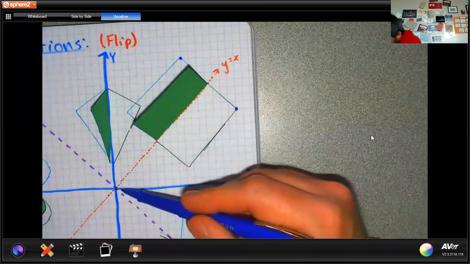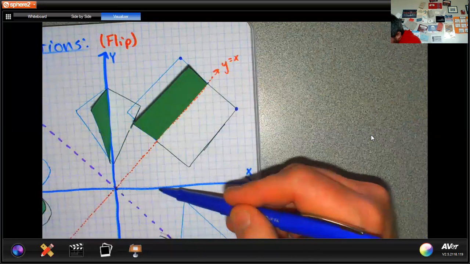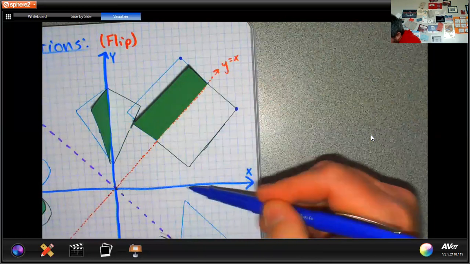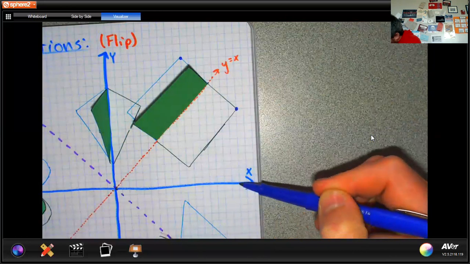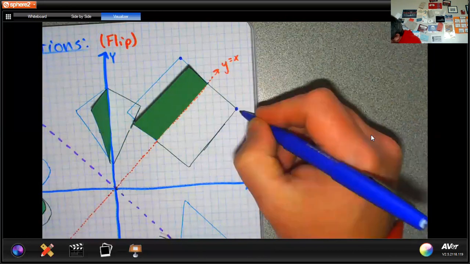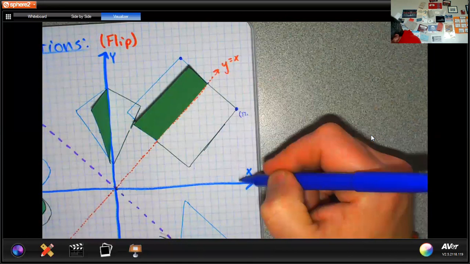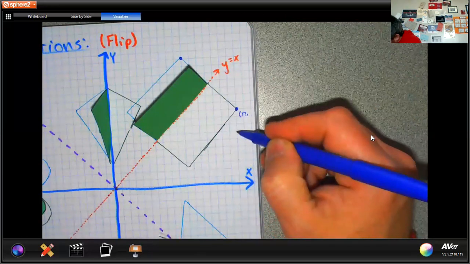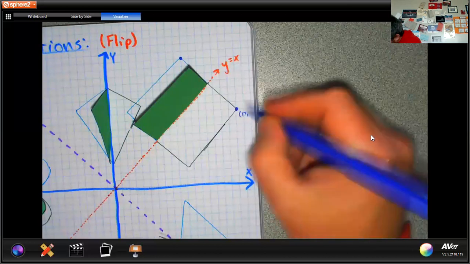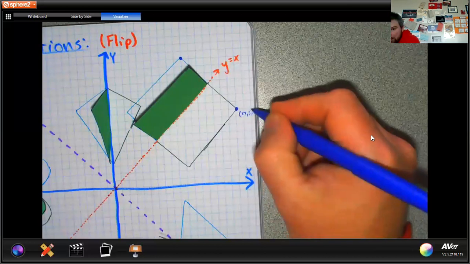So 1, 2, 3, 4, 5, 6, 7, 8, 9, 10, 11, 12, 13, 14, 15, 16, 17. So 17. And then 1, 2, 3, 4, 5, 6, 7, 8, 9, 10. So 17, 10.